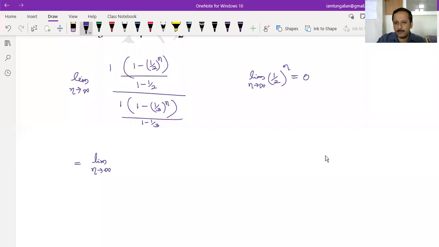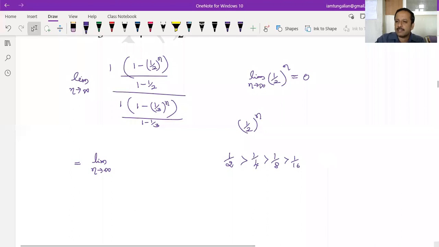You just observe 1 by 2 whole power n. I'll go on increasing the value of n. Then let us see what happens to the value of that fraction. If I put n equal to 1, then I have 1 by 2. Put n equal to 2, 1 by 4. Observe 1 by 2 is greater than 1 by 4. Put n equal to 3, you get 1 by 8. Then you get 1 by 16.